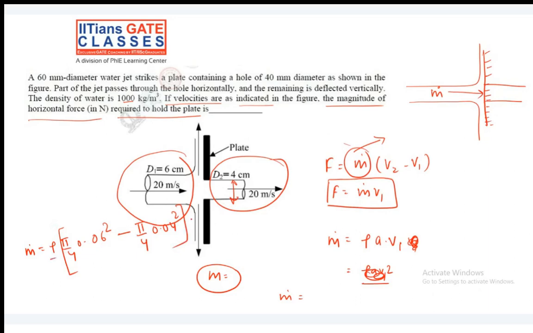Velocity is given as 20. So this is that mass which is striking. Why? Because this much was initially coming and this much is going out. So the difference between these two is striking the plate.